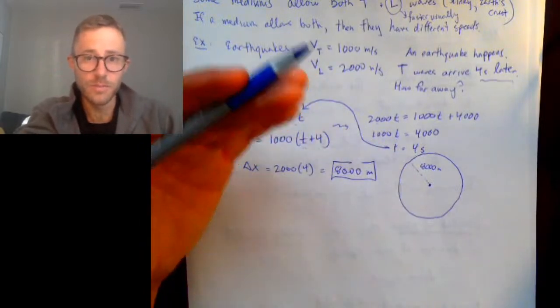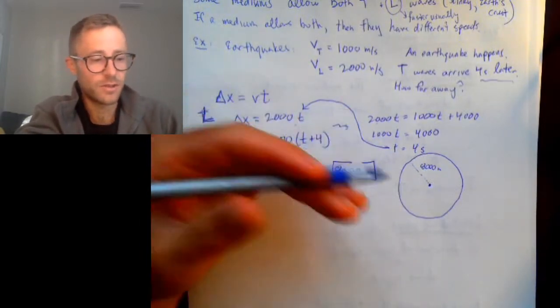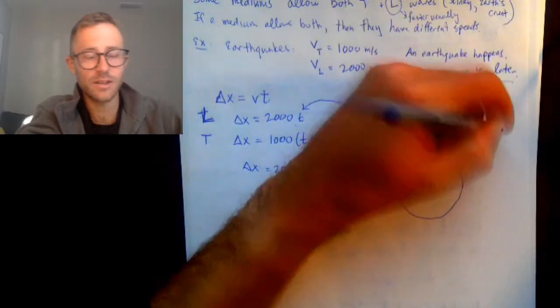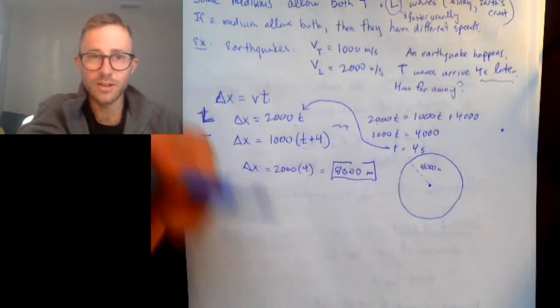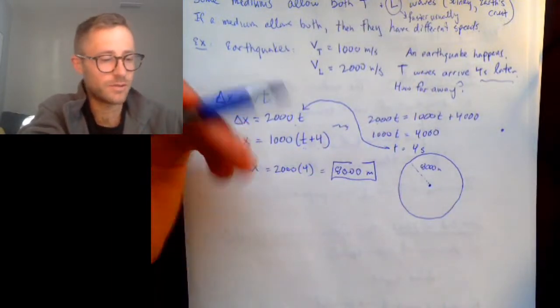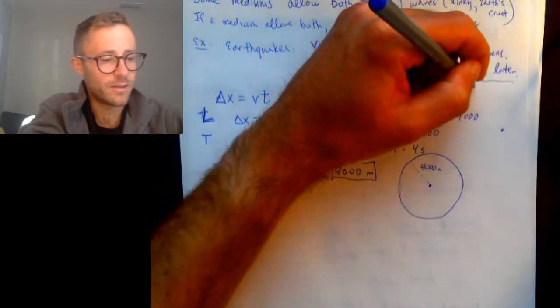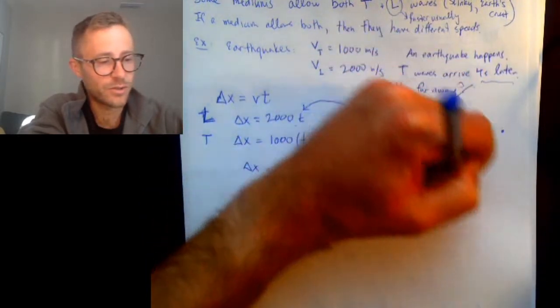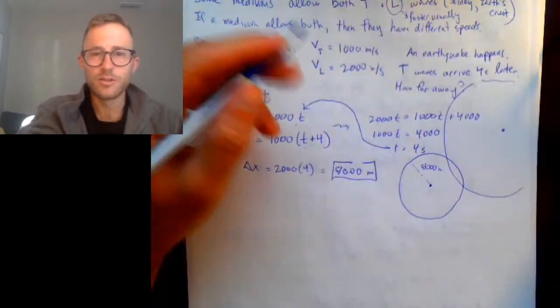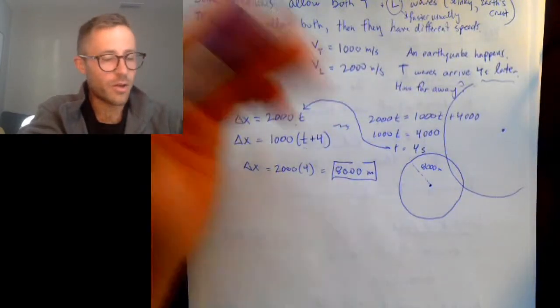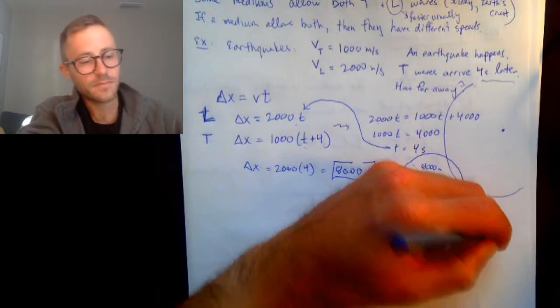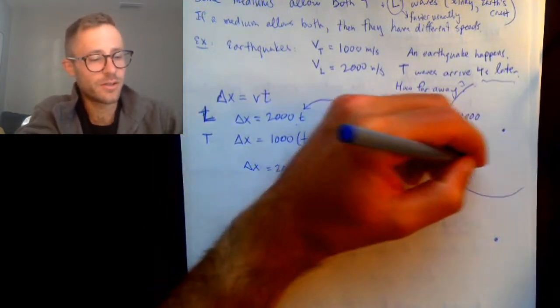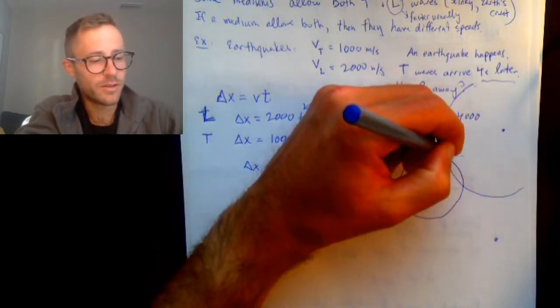Then you have a second detector. The second detector is over here, and it does its own calculation, and it thinks that it's on a circle that's this far away. And then there's a third detector, and it thinks that the earthquake is this far away.